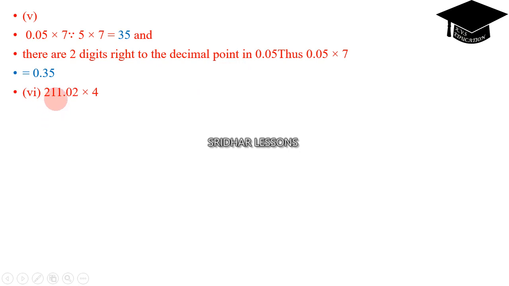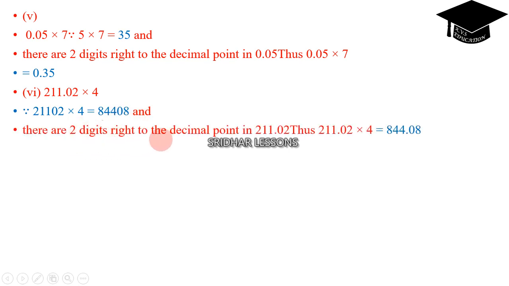Next one, 211.02 into 4. 21,102 into 4 is equal to 84,408. But there are 2 digits right to the decimal point in 211.02. Therefore, we have to put 211.02 into 4 is equal to 844.08.